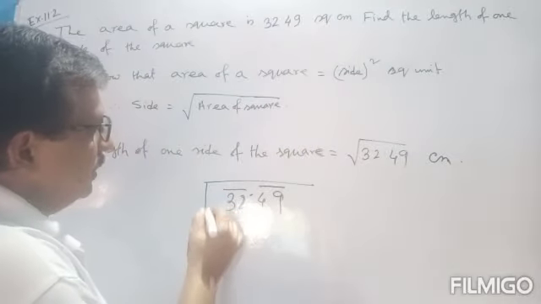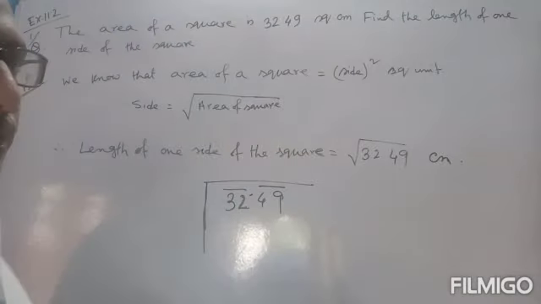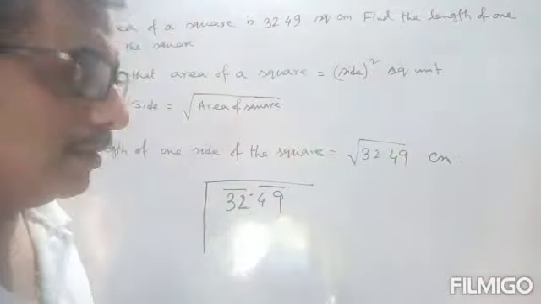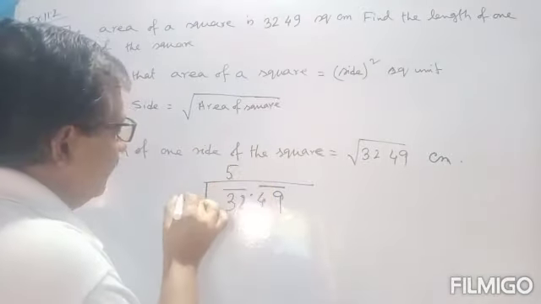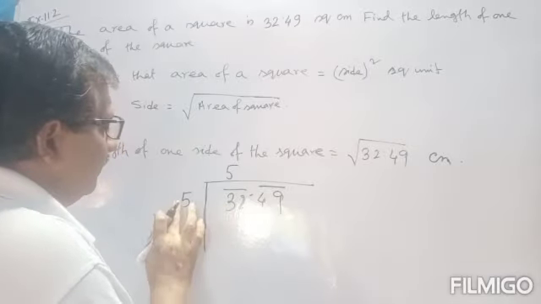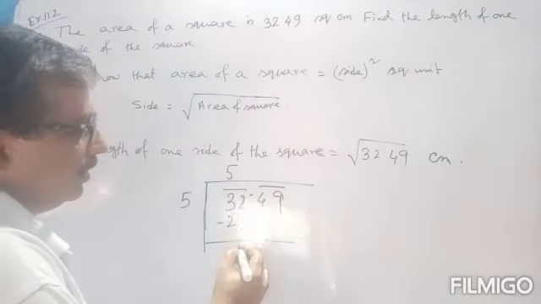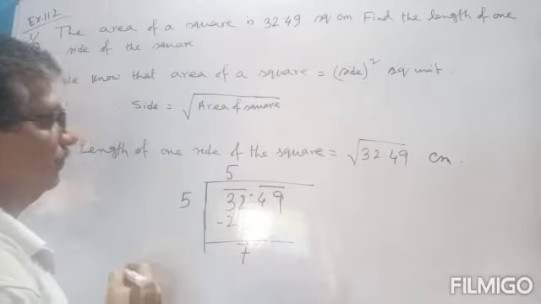So, this is 32. Obviously, 3 3s are 9, 4 4s are 16, 5 5s are 25 and 6 6s are 36, which is greater. So we put 5 here. 5 5s are 25. Then subtract this. 32 minus 25, that is 7.